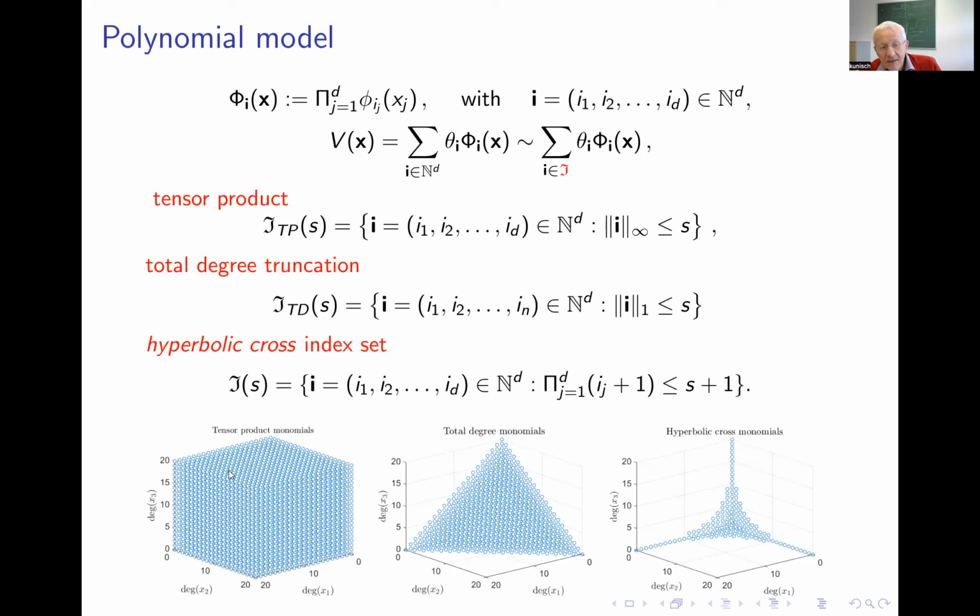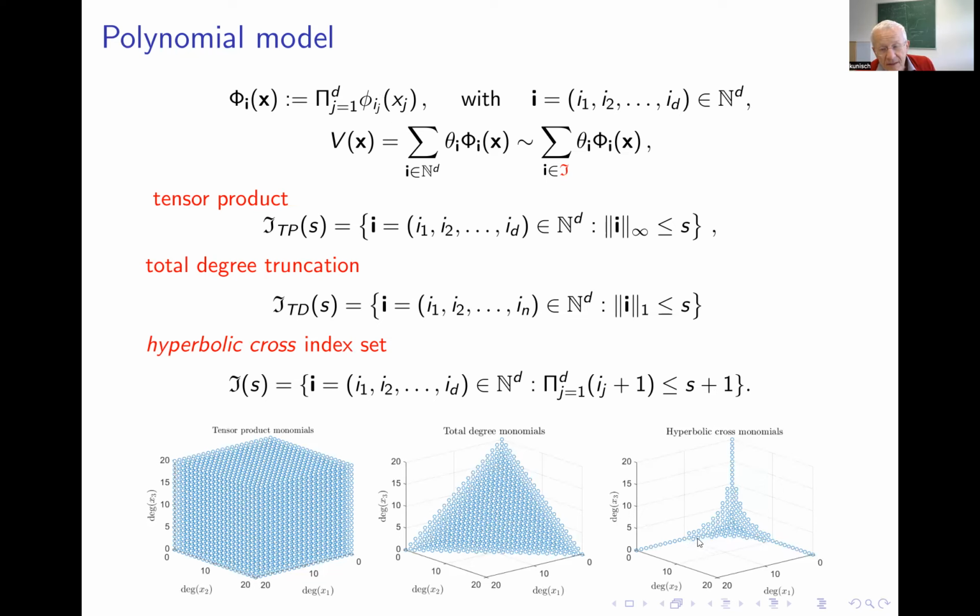Looking here, this corresponds to the tensor product situation, before doing tensor reduction, basis elimination. This has exponential complexity, n to the d. The total degree only has combinatorial complexity. But we take really the hyperbolic cross. We take the product of the exponents of the monomials.